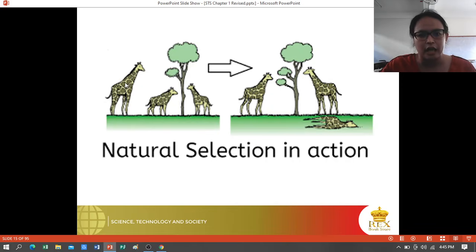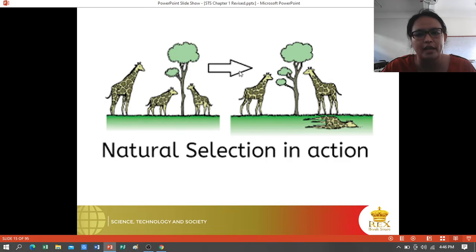So, a giraffe, we know that a giraffe has a very long neck. Okay? The giraffe has a very long neck because of their environment, they are eating leaves. But the species of the trees is very high. The trunks are very high, and of course, the leaves are at a very, very high elevation.